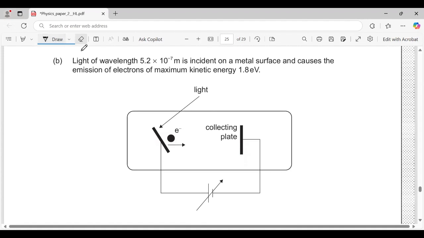Opinion. Light of wavelength 5.2 times 10 power minus 7 meters is incident on a metal surface and causes the emission of electrons with maximum kinetic energy 1.8 electron volts. This is the kinetic energy, 1.8 electron volts.